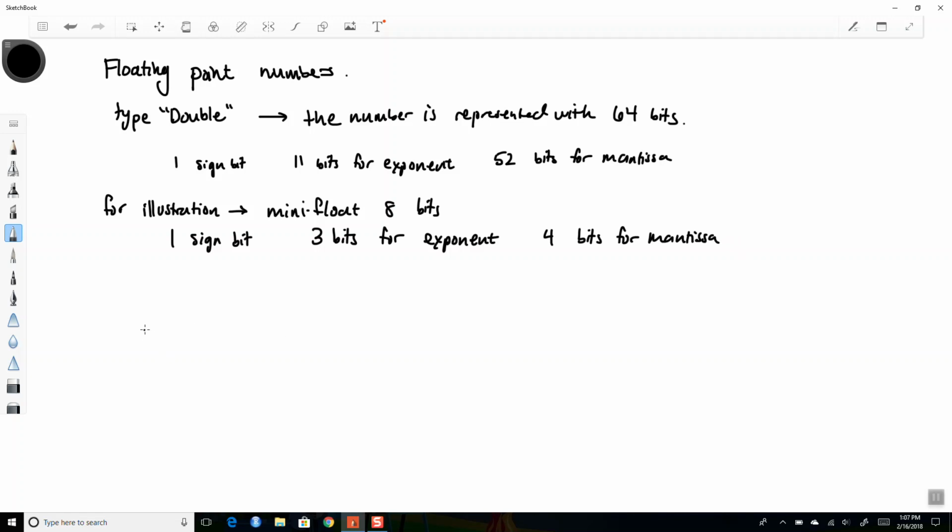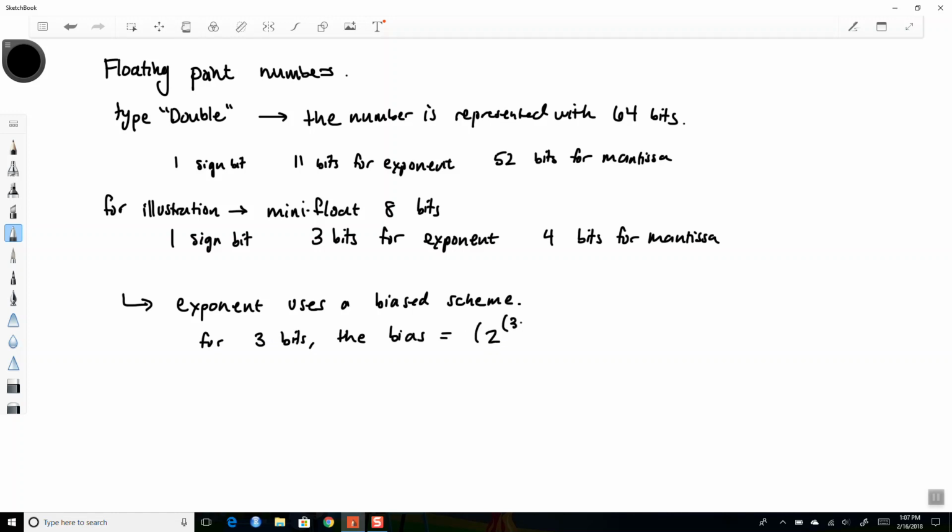And we said that the exponent uses a biased scheme. So for 3 bits, the bias is equal to 2 to the 3 minus 1, minus 1, which is going to be 3.